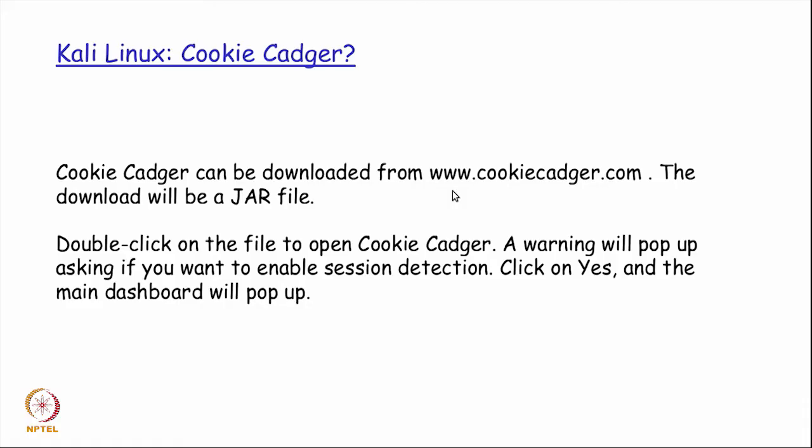So, cookie catcher can be downloaded from this particular site called www.cookiecatcher.com. This is a jar file that is downloaded and you need to double click on the file to open up the cookie catcher, and a warning will pop up asking if you want to enable session detection, right.